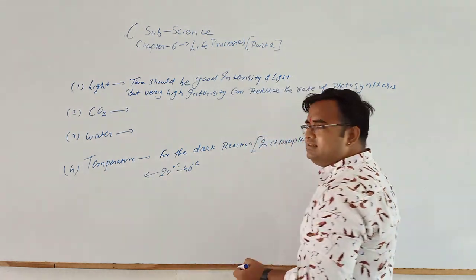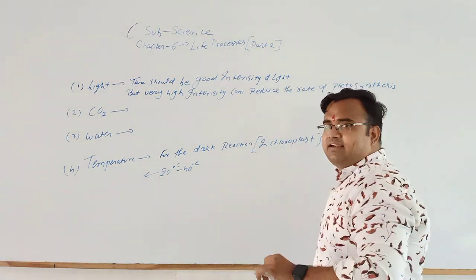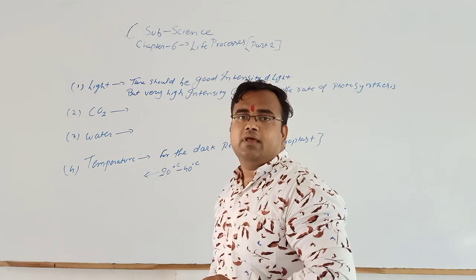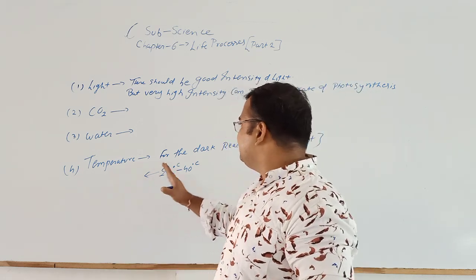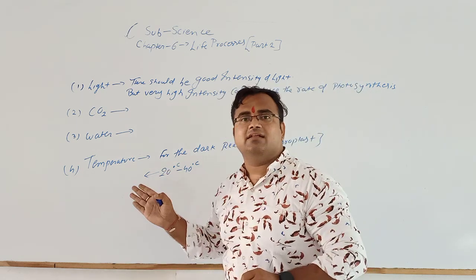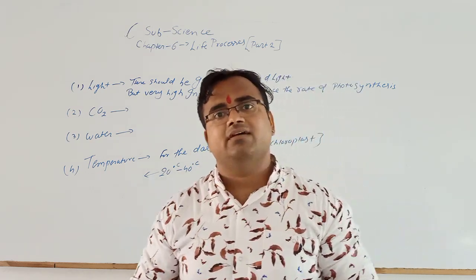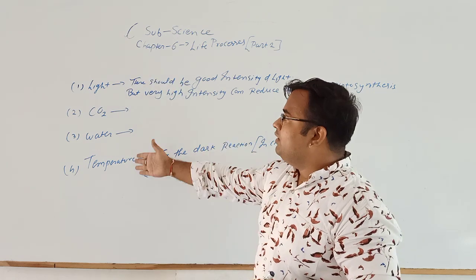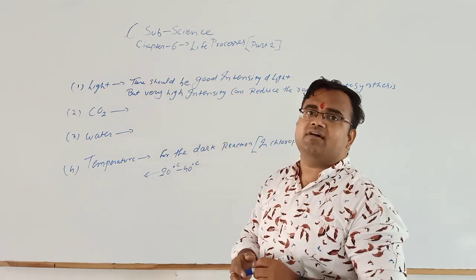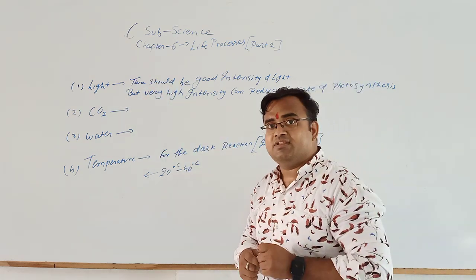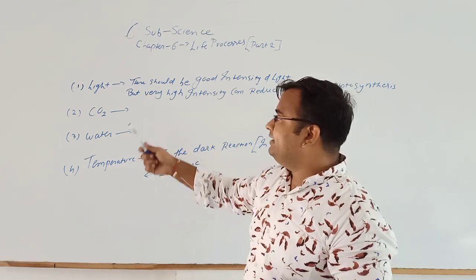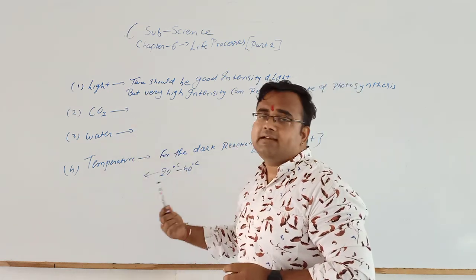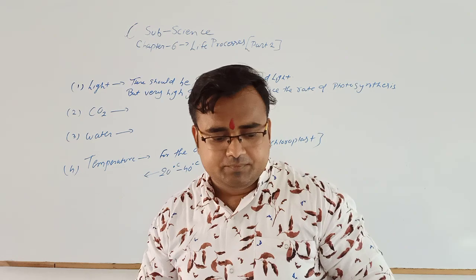Below 20 degrees Celsius and above 40 degrees Celsius will directly affect the rate of photosynthesis. So these are the most important factors which affect the rate of photosynthesis. Clear? Light, carbon dioxide, water and temperature.